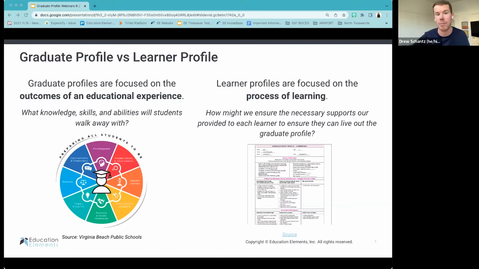We're understanding how they learn best, things that they particularly like, things that they don't like, how they engage in the learning process. Both of these things work together to achieve those outcomes, but for the purposes of today, we're going to talk about establishing those outcomes up front, so that the learner profile can be utilized to get students to live out those outcomes upon graduation.